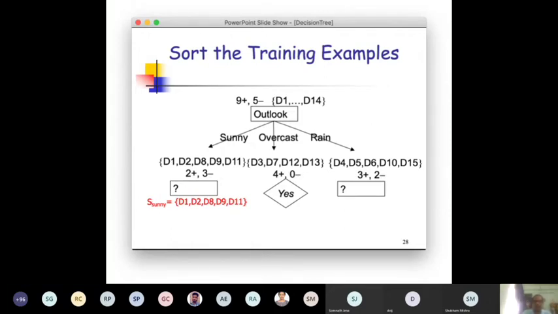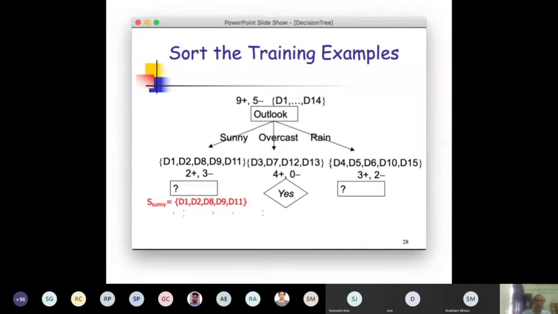Like use outlook, use humidity, wind, temperature, and check the corresponding aggregated entropy of their partitions using their values.